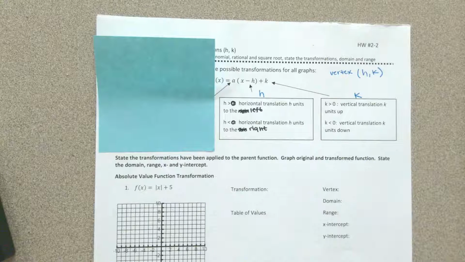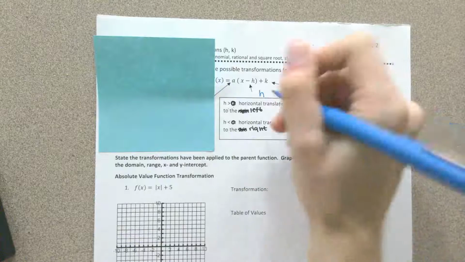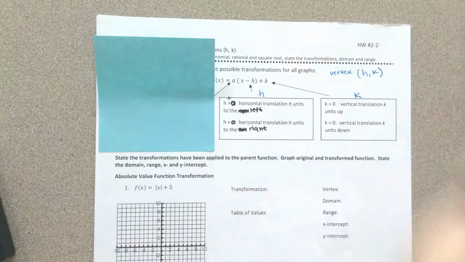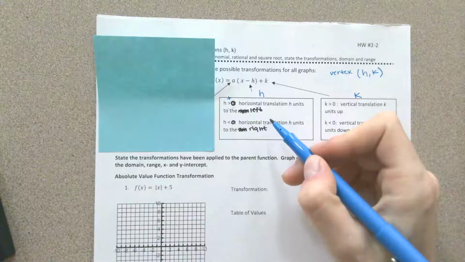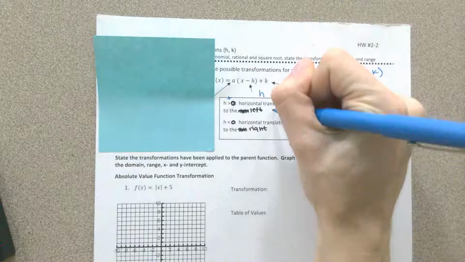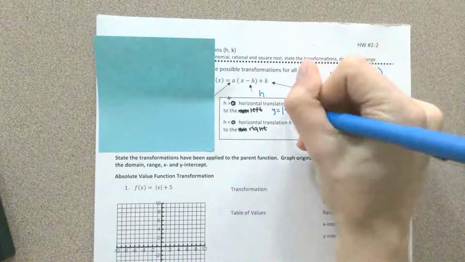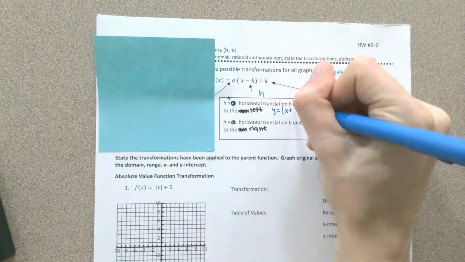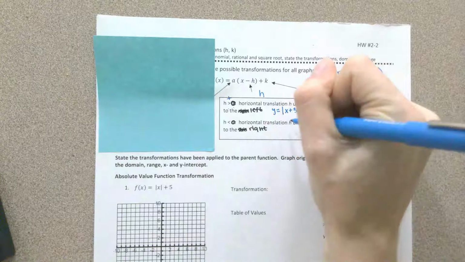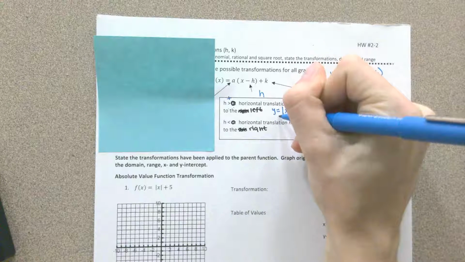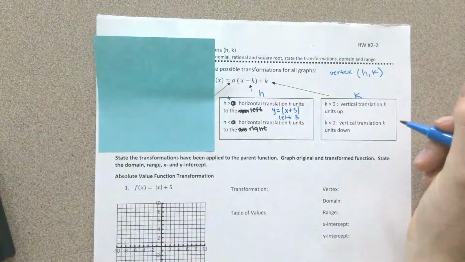If we have, and I messed up these notes, but if h is greater than 0, so if h is positive, then we are going to move to the left. Okay, so if we have y equaling the absolute value of x plus 3, we're moving the opposite way, so we're going to move left 3 units.